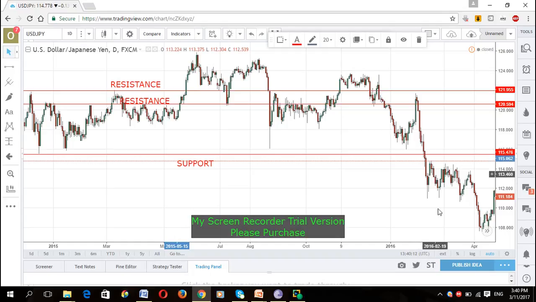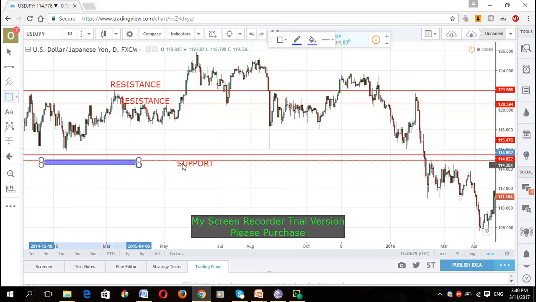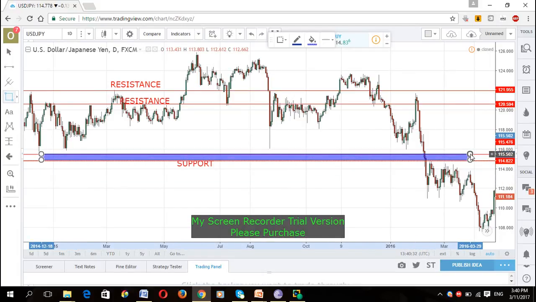But when it breaks support, it comes back up again and creates another resistance line here. So these two levels here are important levels. So what I'm going to do is mark it as a very important level for future preferences.